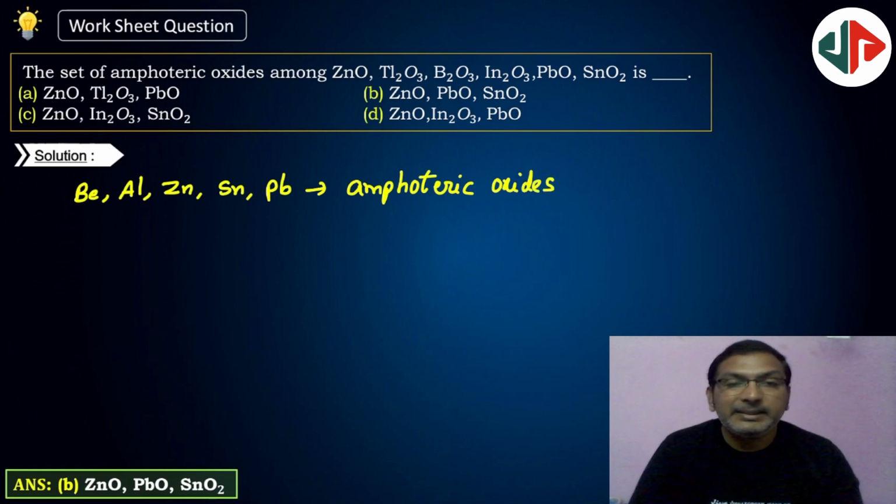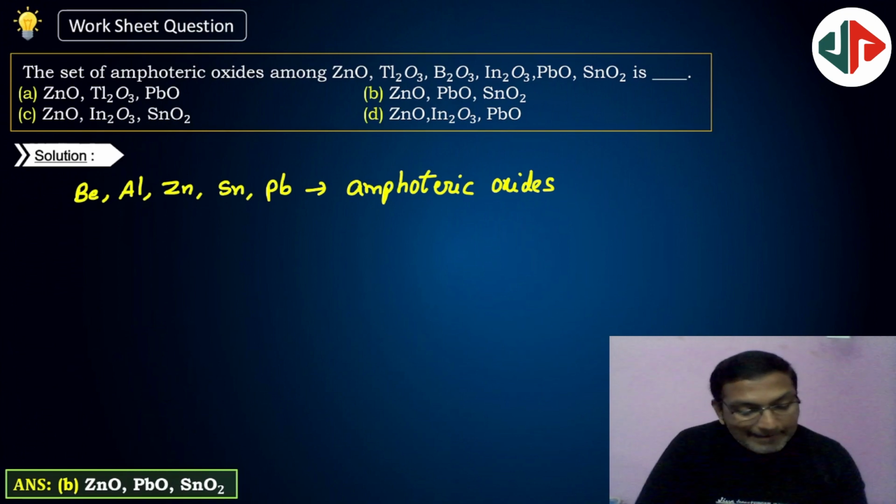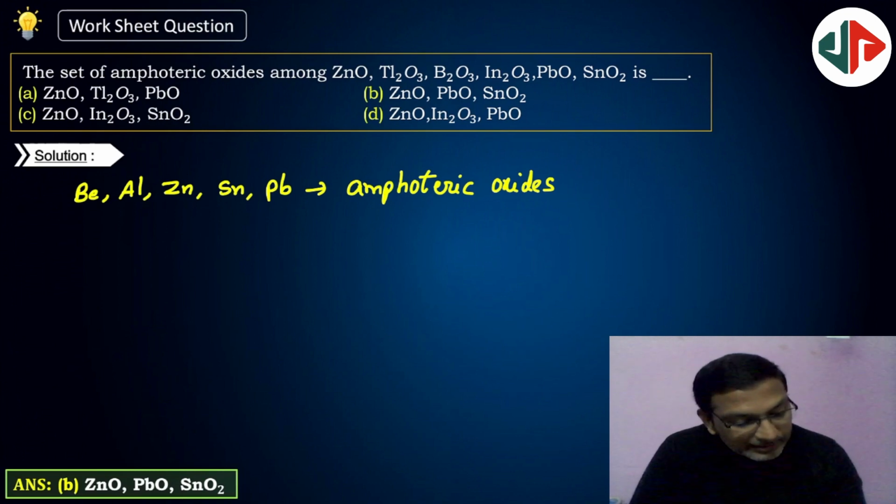So check the options. ZnO, PbO. In the case of beryllium, only one oxide is present, BeO. In the case of Al, Al2O3. In the case of zinc, ZnO.